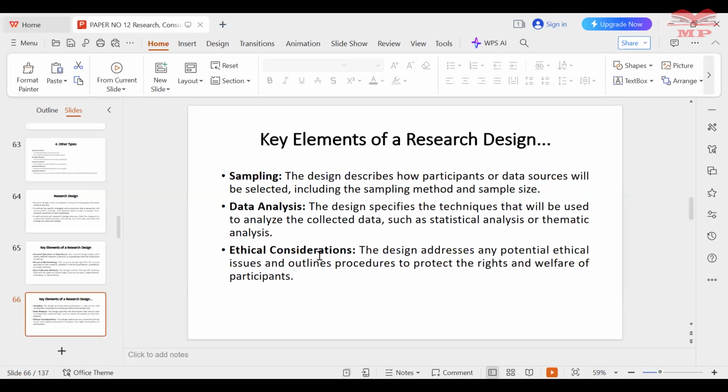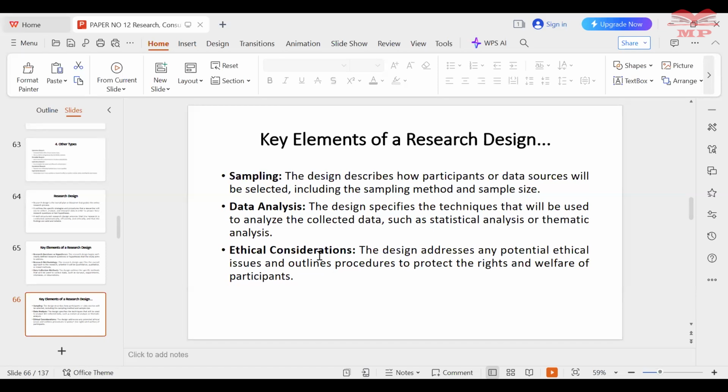Do you use a formula, or do you use a table to say if you have from this number to this number, the sample is supposed to be this? Or do you decide if you are going to have proportionate sampling for each proportion of the population, what will be the sample? So all that must be made clear when it comes to the sampling process and procedure and determining the sample.